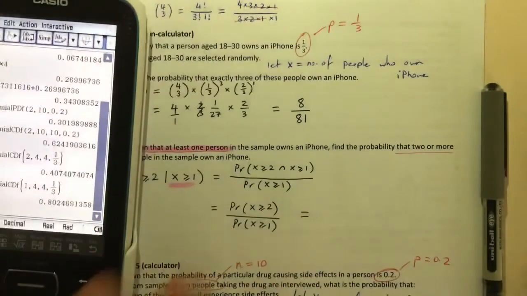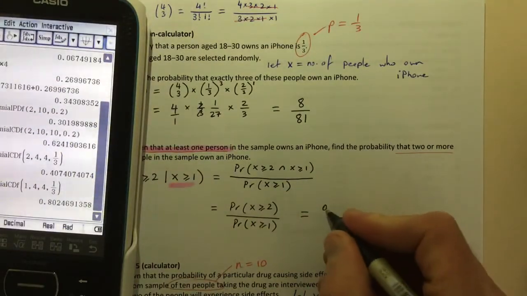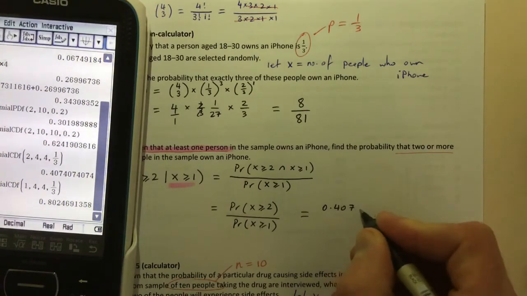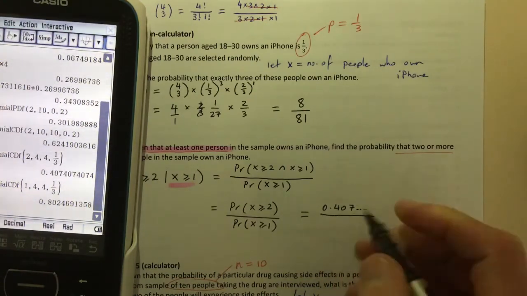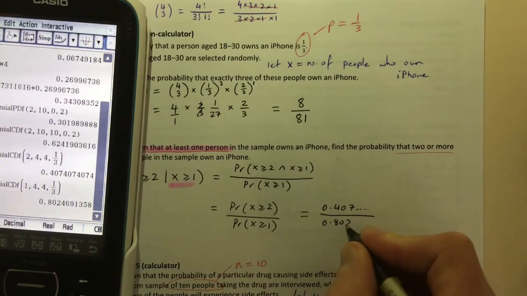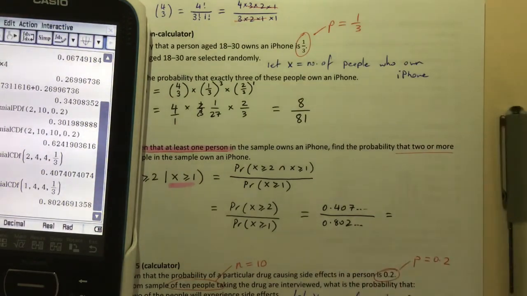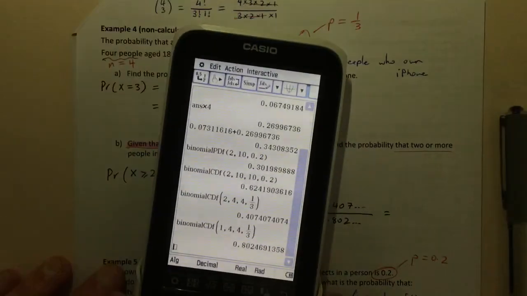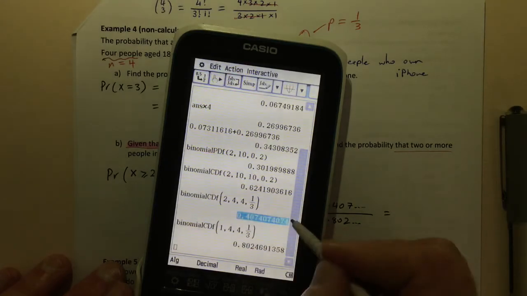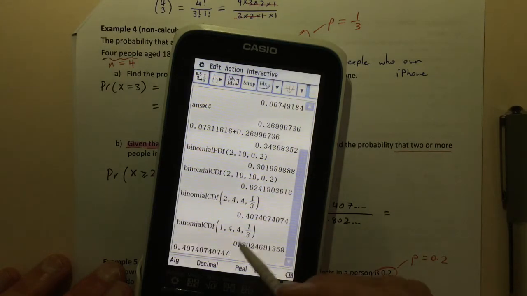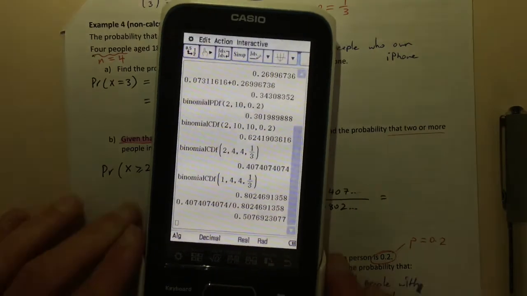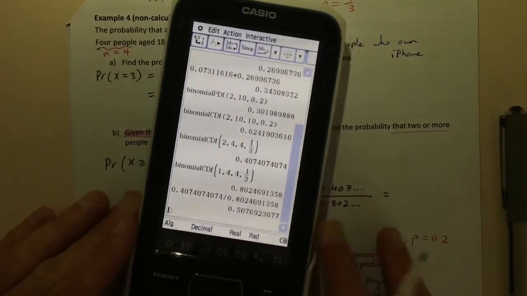So this will equal 0.407 continued over 0.802 continued, and remember that it's best not to round off until the very end. I'm just going to do 1 divided by the other in my calculator. Let's go to 4 decimal places, so 0.5077.